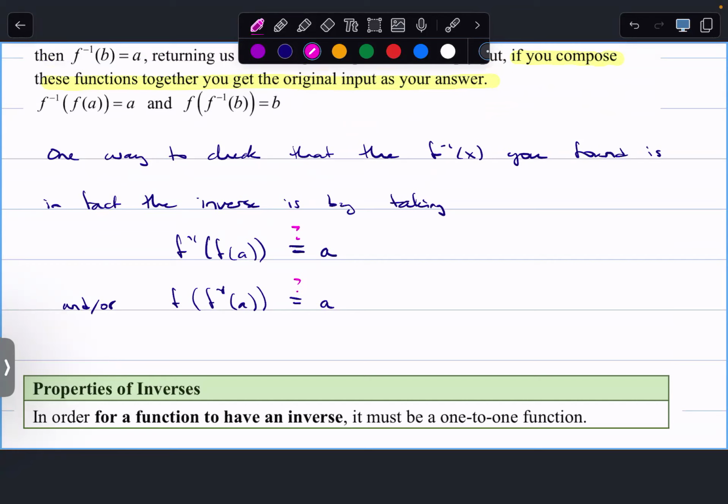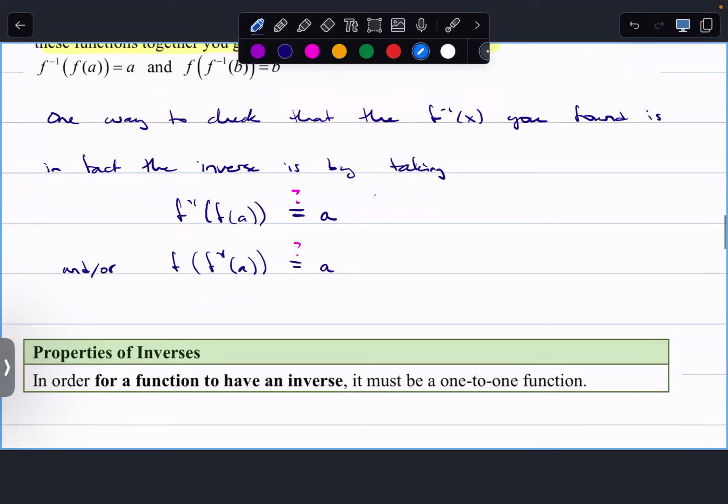And then a follow-up question is going to be, okay, now use function compositions to show that this is in fact the inverse, okay? And so then we're gonna do this. I'll even write it down. This is one way I will test function compositions.